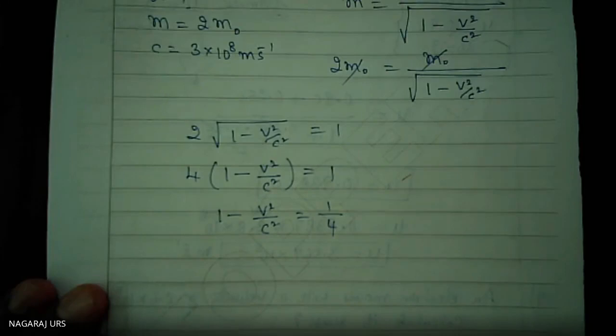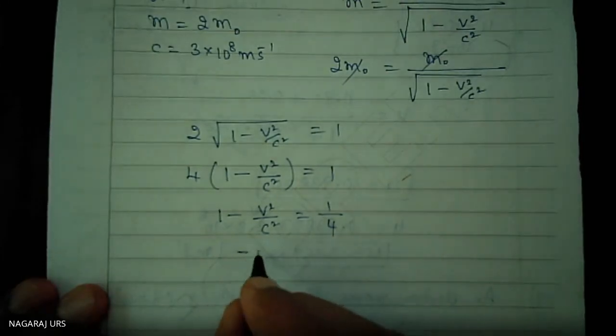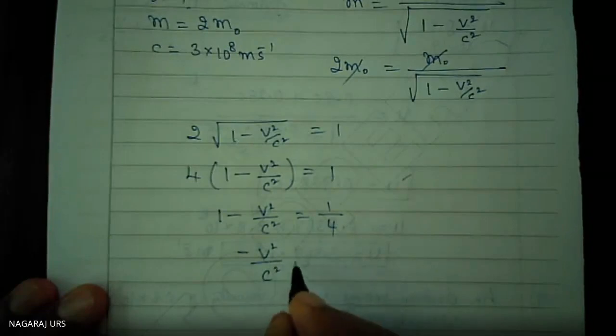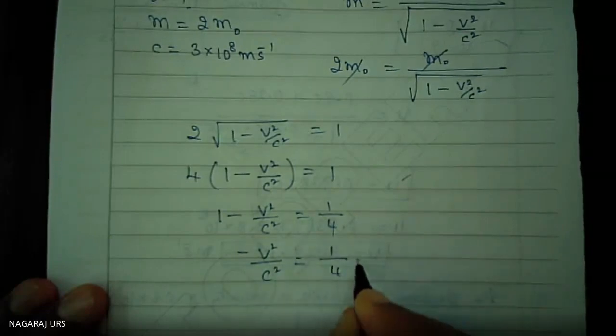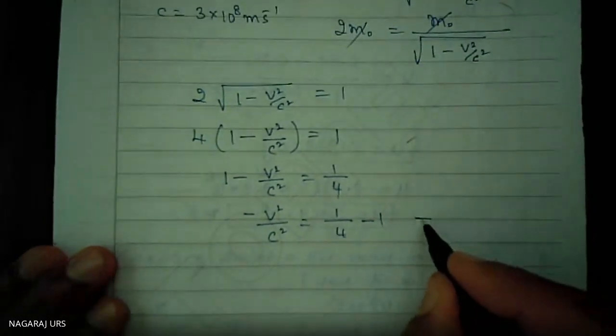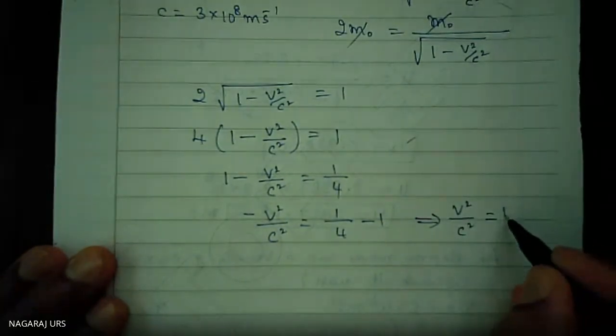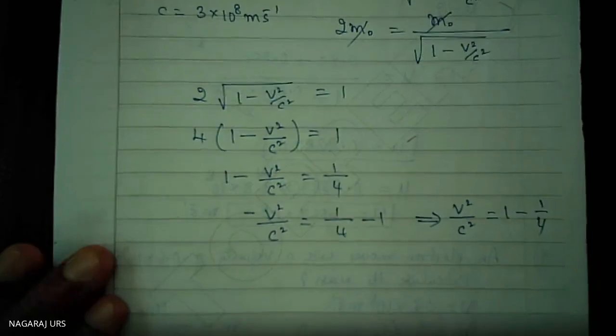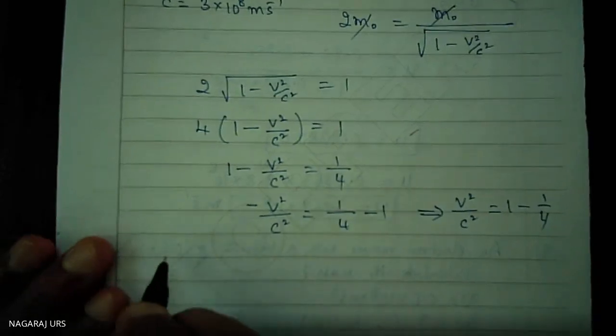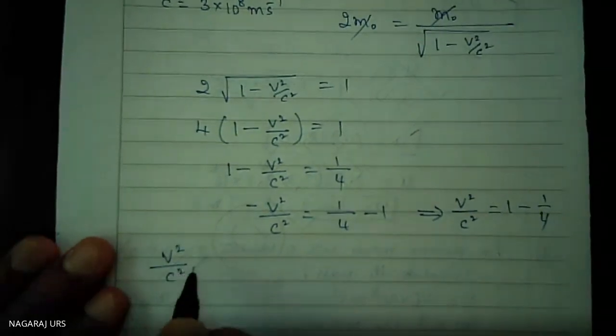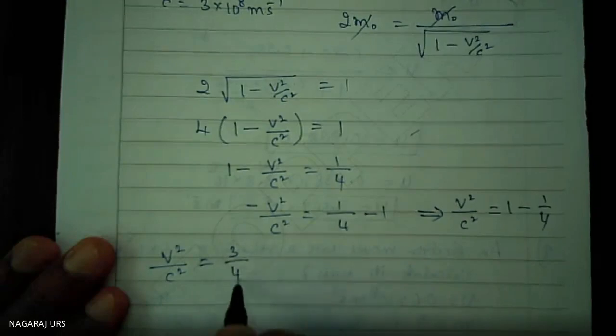Hence, minus v square divided by c square is equal to 1 by 4 minus 1. Using this, v square divided by c square is equal to 1 minus 1 by 4. Therefore, v square by c square is equal to 3 by 4.